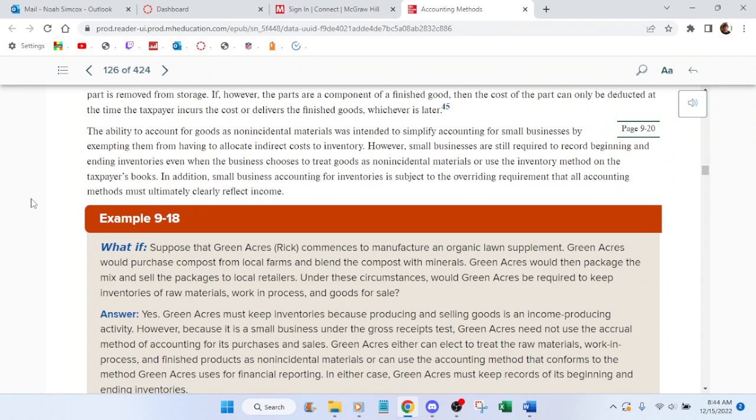However, because it is a small business under the gross receipts test, Green Acres need not use the accrual method of accounting for its purchases and sales. Green Acres either can elect to treat the raw materials, work in process, and finished goods as non-incidental materials, or can use the accounting method that conforms to the method Green Acres uses for financial reporting. In either case, they must keep records of its beginning and ending inventories.